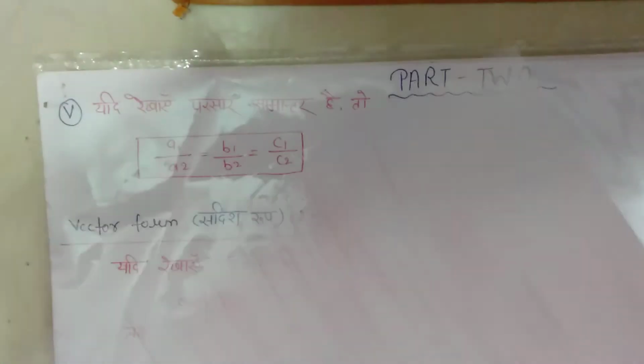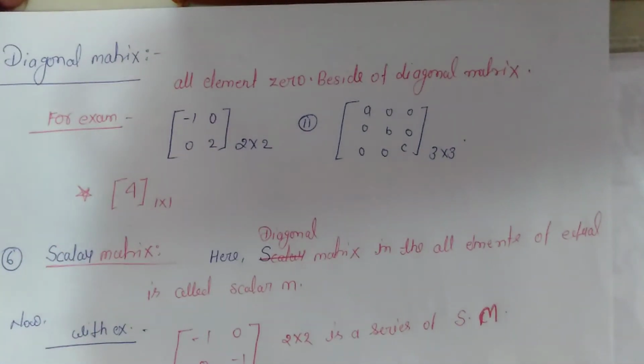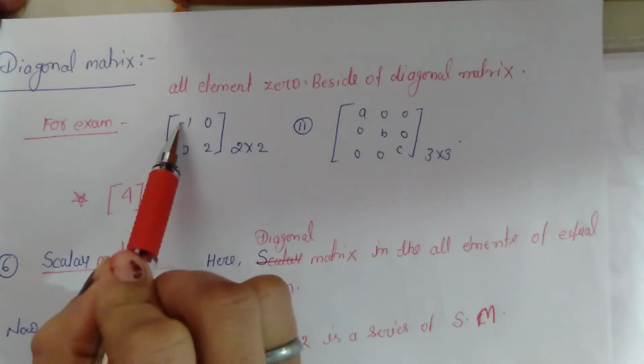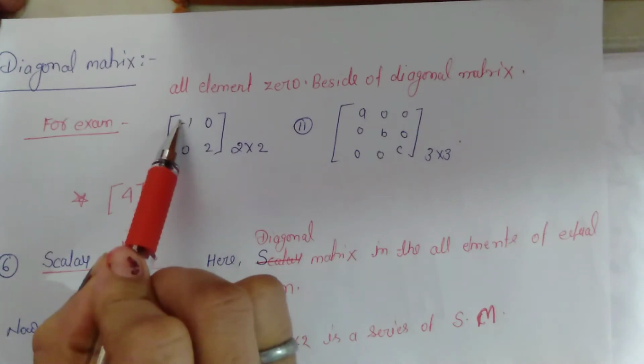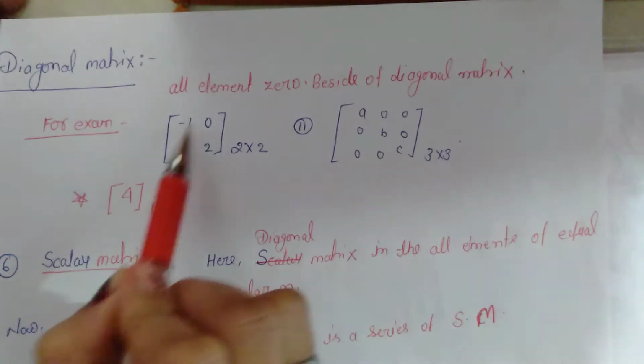And then we come to the diagonal matrix. What is a diagonal matrix? A matrix in which all elements are 0 except the diagonal elements. The diagonal holds numbers, and beside them all the other elements are 0, 0, 0.